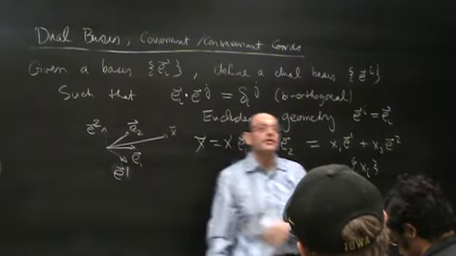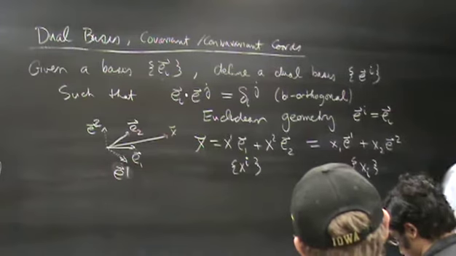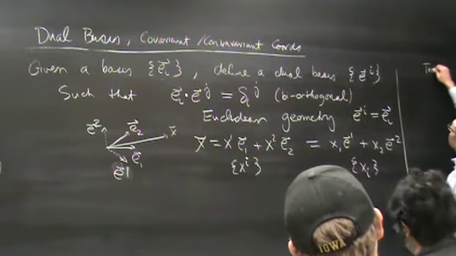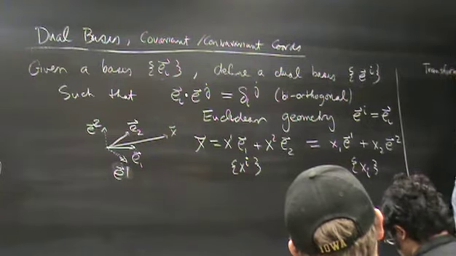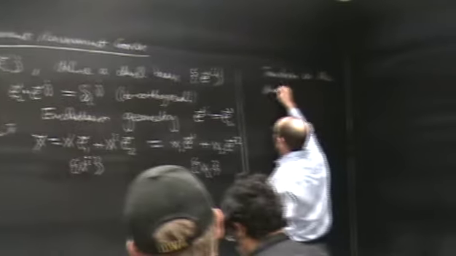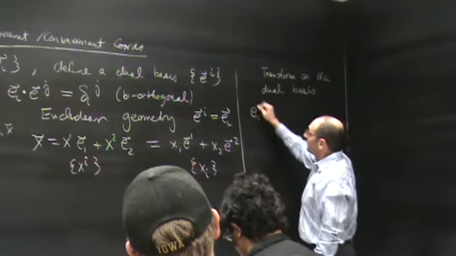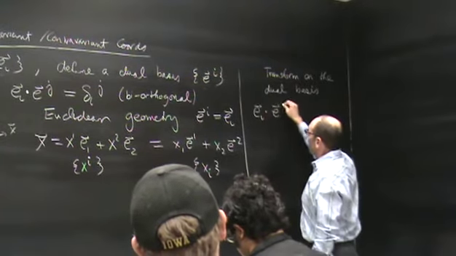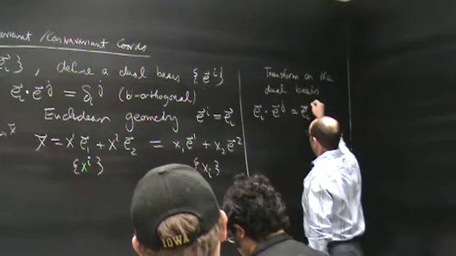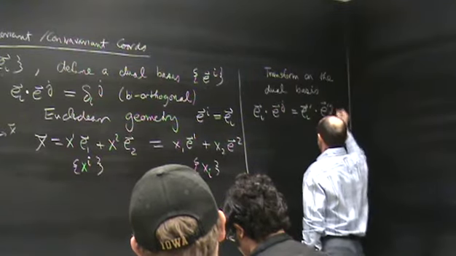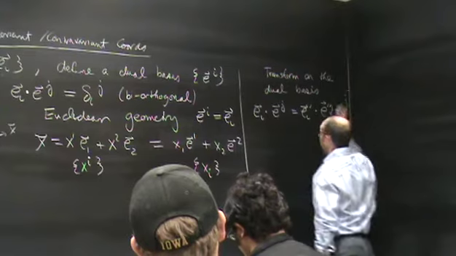The dual vectors have to change as well in order to maintain the metric. So, transformation on the dual basis. So the dual basis is defined such that they're bi-orthogonal.